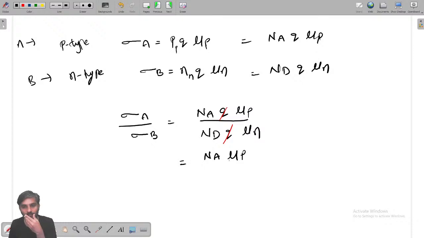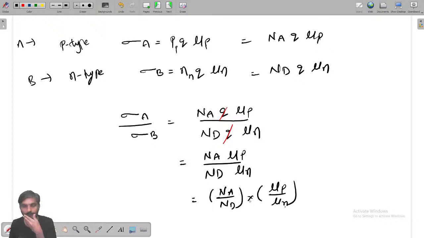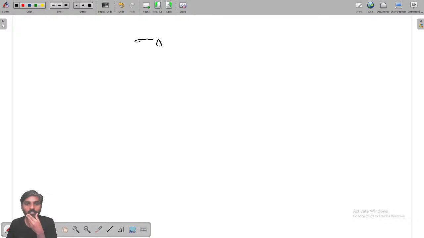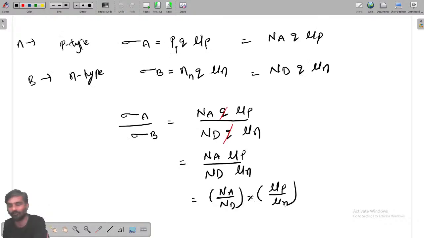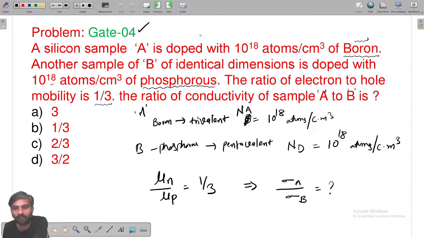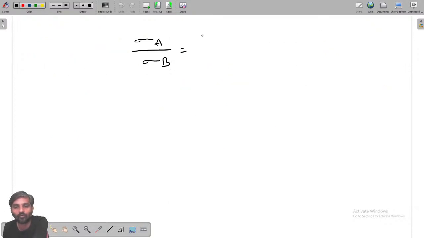NA mu P by ND mu N. So I can write this as NA by ND into mu P by mu N. So conductivity of A to the conductivity of B. Both Na and Nd are the same, so need not worry.